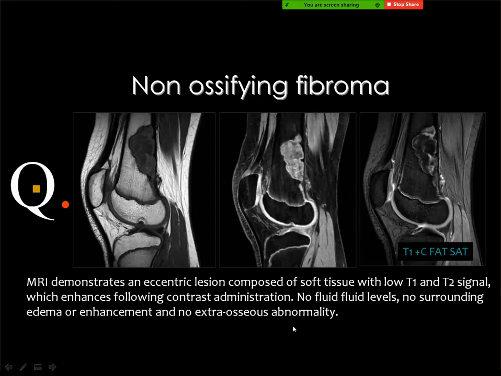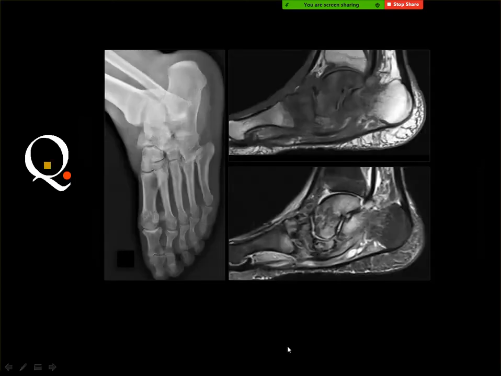Actually, the diagnosis of fibrous lesions by MRI is very difficult. Since you suppose that this is a fibrous tumor, it should show low signal in T2 also, and it does not enhance. But there is extreme variability in the fibrous lesions by MRI. They are easily diagnosed by X-ray and CT, but you may have some difficulties diagnosing this by MRI.